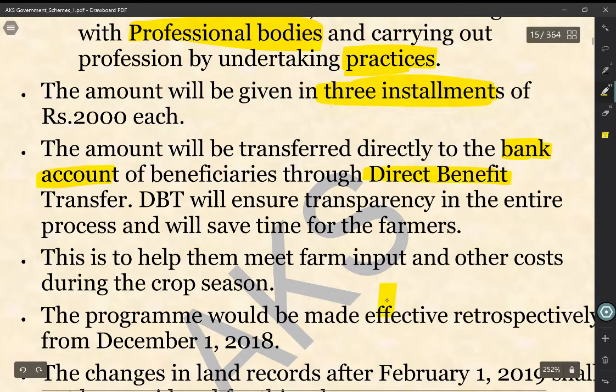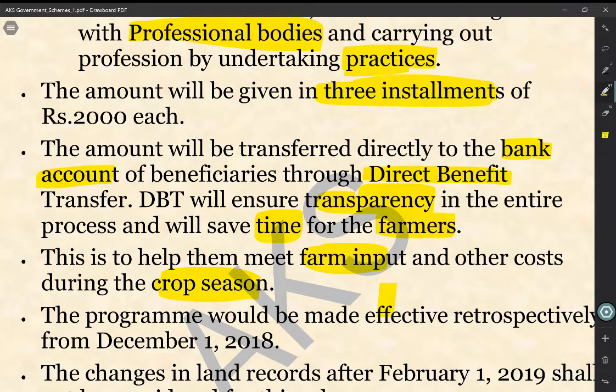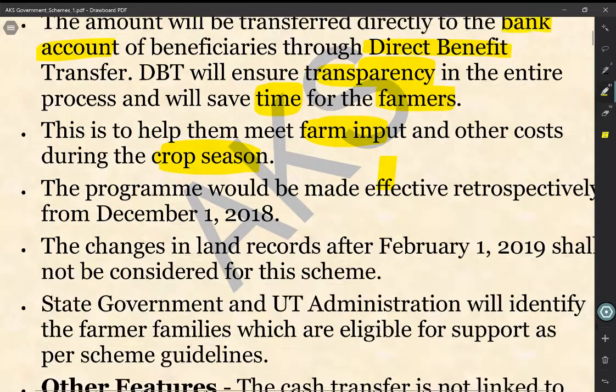The DBT will ensure transparency in the entire process and will save time and effort for the farmers. This initiative is to help them meet the farm input and other costs during the crop season. So, this income supplement helps the farmers in their expenditure on various farm inputs and other costs incurred during the crop season.